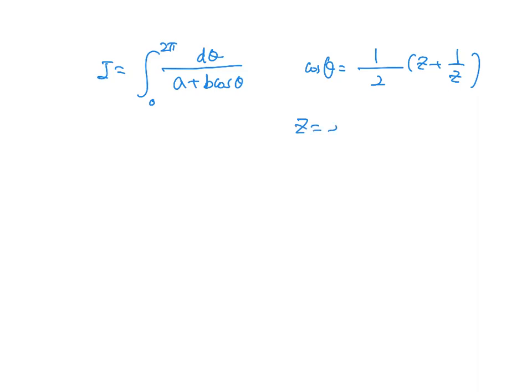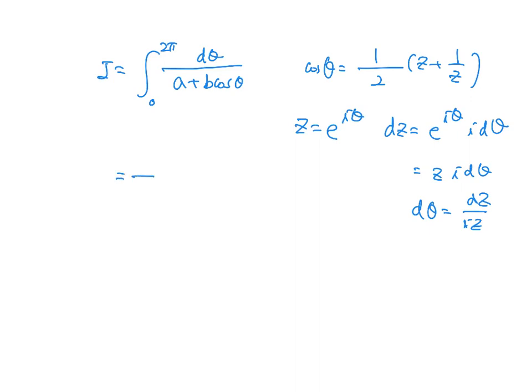So z is exponential i theta on the unit circle. dz is exponential i theta i d theta equals z i d theta, or d theta is dz over i z. So Cauchy found that you can transform this integral into the following form, 1 over i, integral over the unit circle of 1 over a plus b over 2 times z plus 1 over z, times dz over z. C is a unit circle.